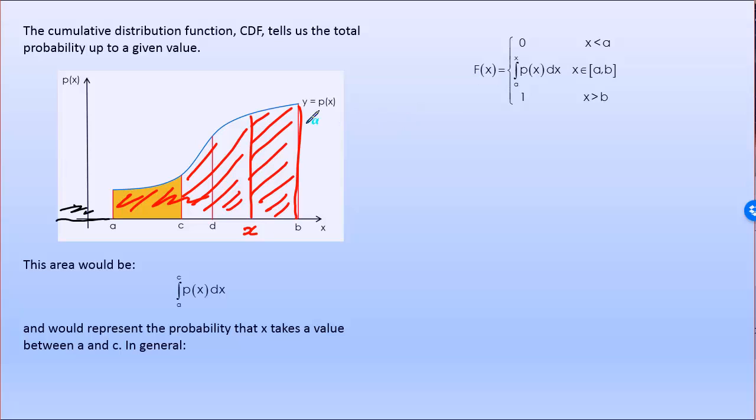But the cumulative function always stays as 1. Just think about this. Suppose this value here, b, was 2. Then the probability that x is less than or equal to 2 is equal to 1. But that's also true of x being less than or equal to 3. And that's why this is 1 forever.